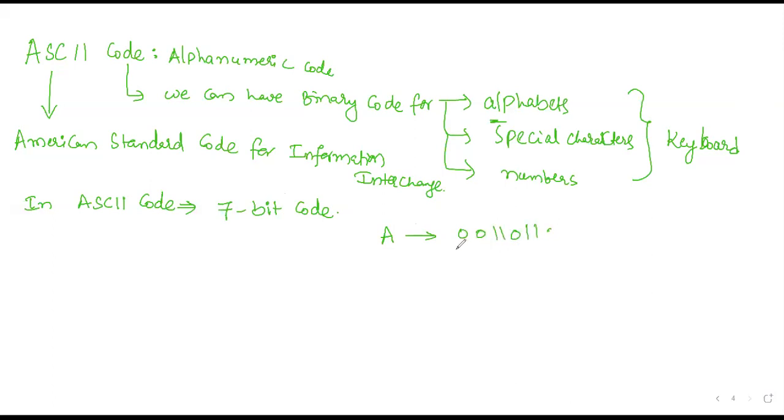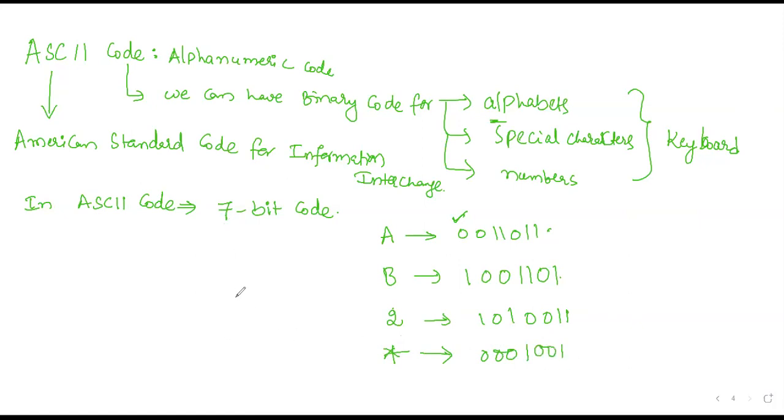Okay, this is not exact, I'm just giving you one example. If you want to represent B, it will also be represented with 7 bits. If you want to represent number 2, it will be represented like this. For example, if you want to represent a special character star, it will be represented with some other 7-bit code.